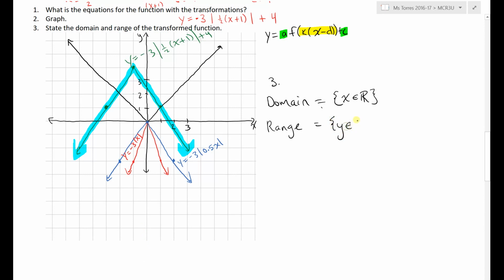So y is a member of the reals, and that means it includes all real values, all the possible numbers that could ever exist on this solid line. If it was a dotted line or just points, then maybe it would be the integers, but this is all real numbers such that y is less than or equal to 4. And that's the domain and range.